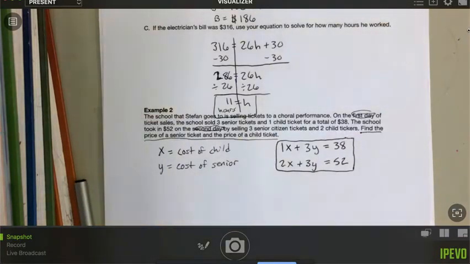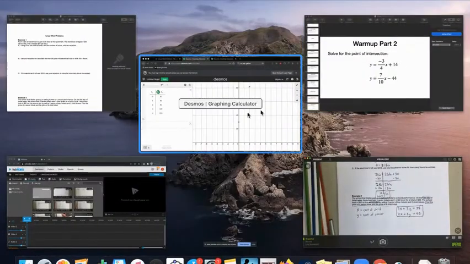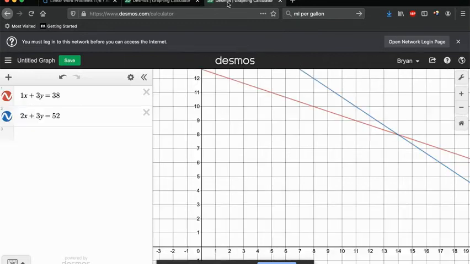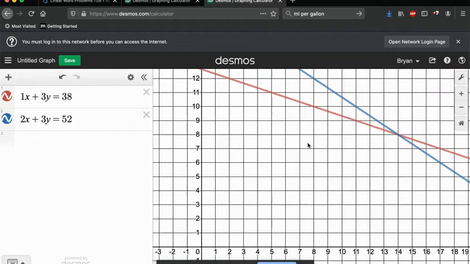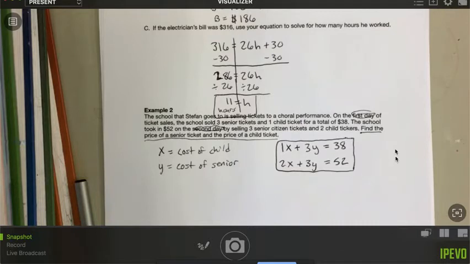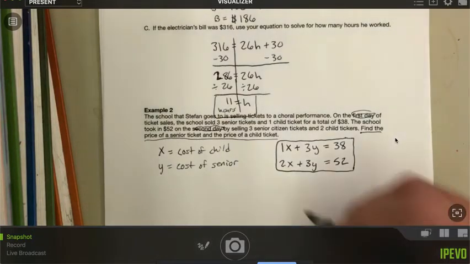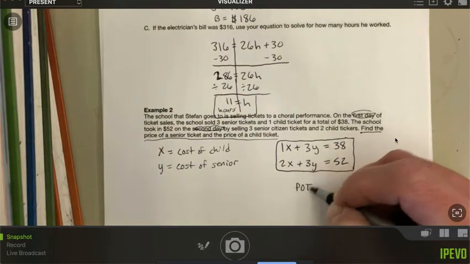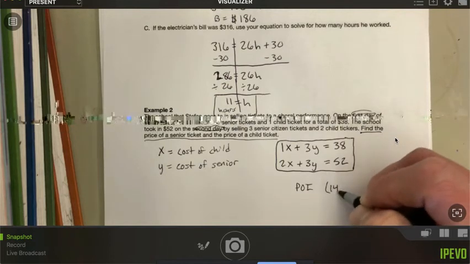So let's say we go to a graph, and I've entered my two equations. Notice how they cross at the point (14, 8). So if we go back to our paper here, the point of intersection of these is (14, 8).